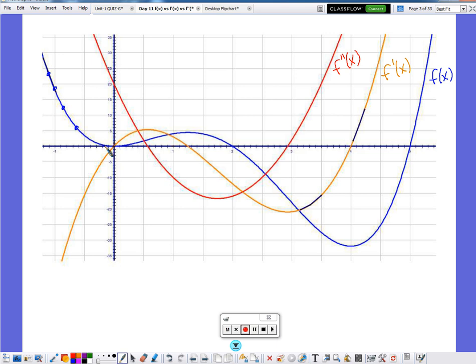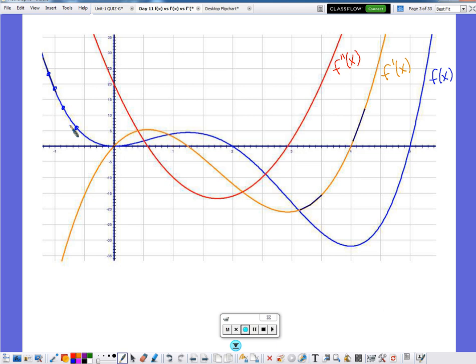If I were to draw tangent slopes, you would see that every one of these tangent slopes has a value that is negative. Agree with me? Okay. That means that on the f prime graph, every single y-coordinate in that same area has to have a negative value. So here we'll match them up.